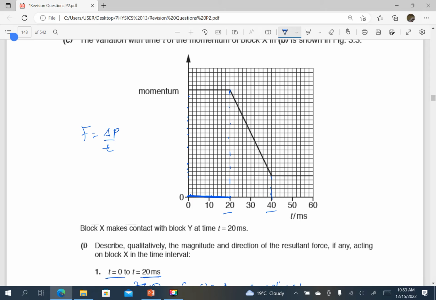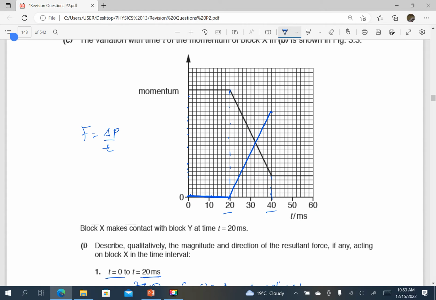Or I'll just say 1, 2, 3, 4, 5. I'll subtract 5 from the top. 1, 2, 3, 4, 5. So as the other one falls down by 20 small squares, the other one will increase by 20 small squares, so the total momentum is going to remain the same.